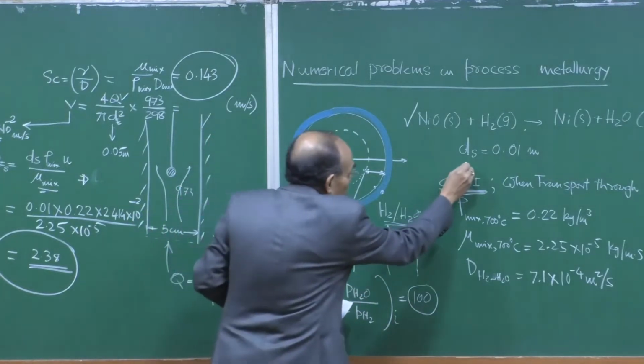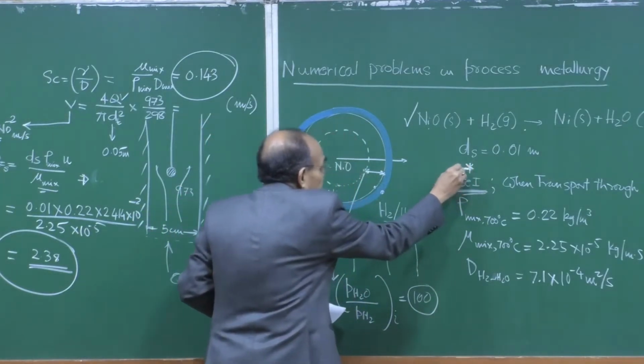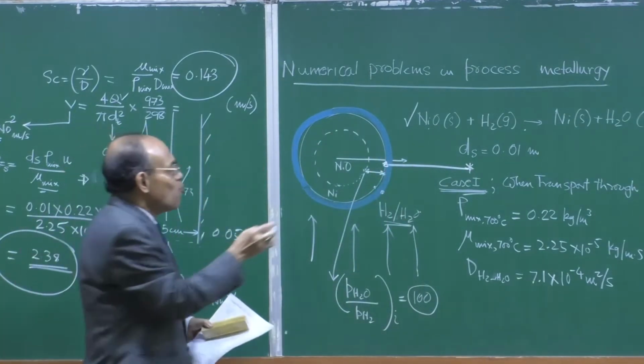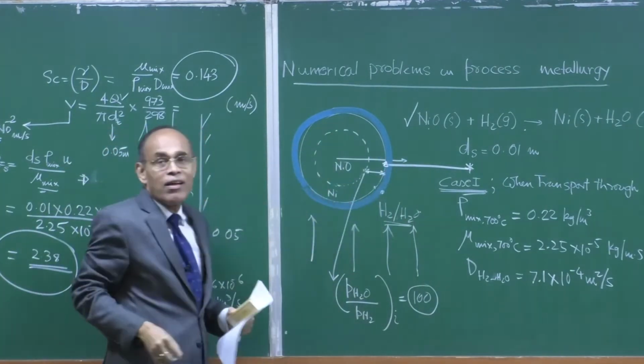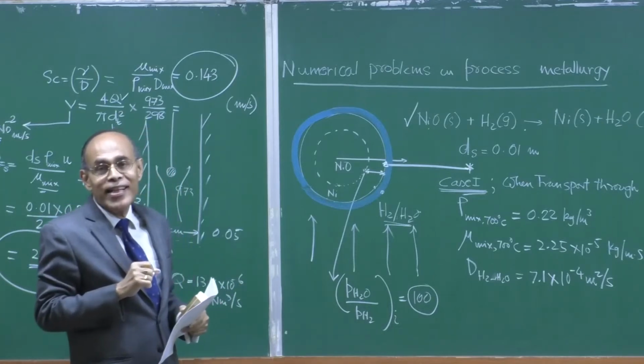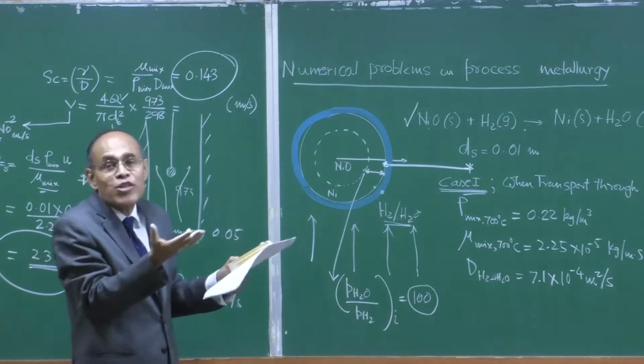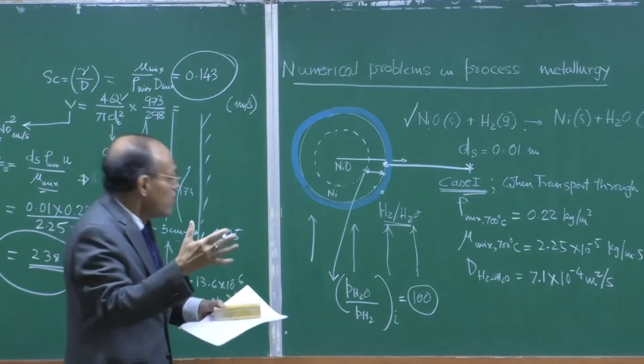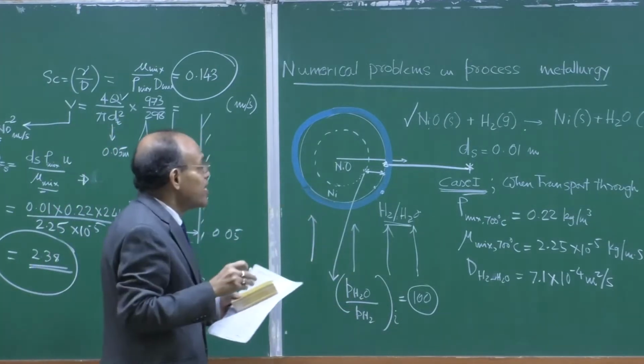That indicates the concentration which is here is instantaneously available right up to this particular interface. There is no concentration difference across the width of the boundary layer. If there is no concentration difference, the transport is instantaneous. Therefore, it is not controlling the rate at all.